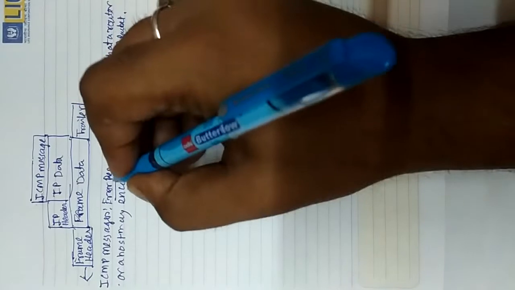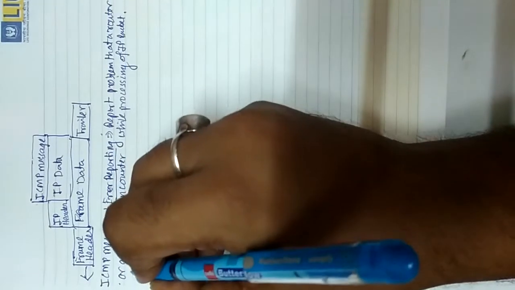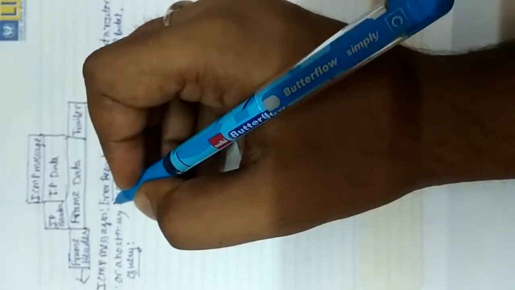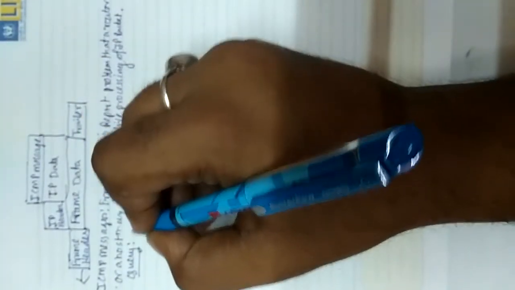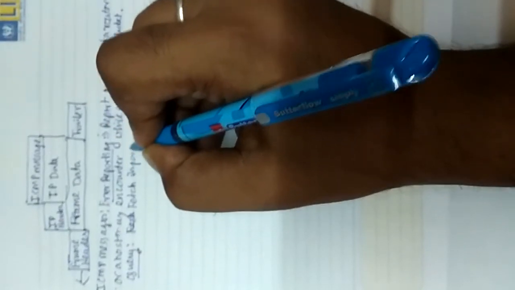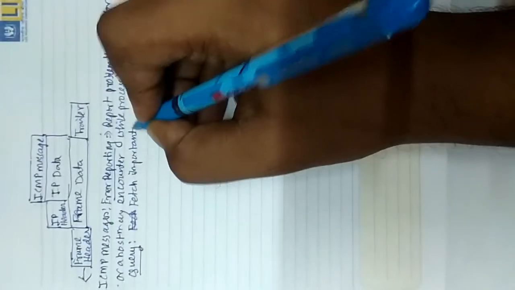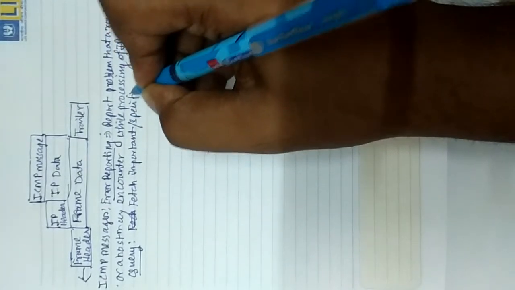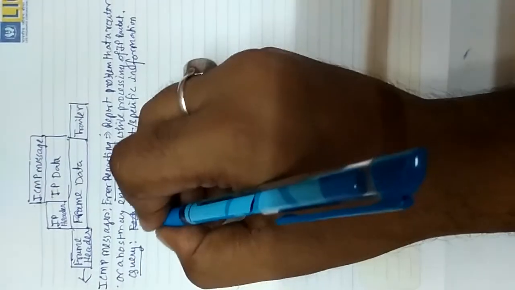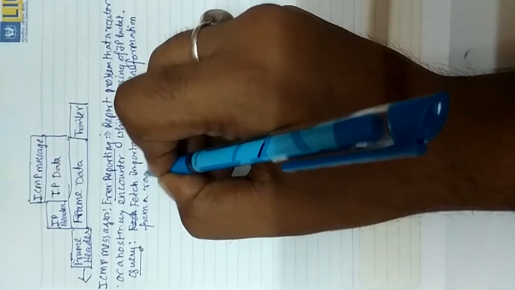The next one is query. So the first one is error reporting, the next one is query. What is this? To fetch important or specific information from a router or a host.